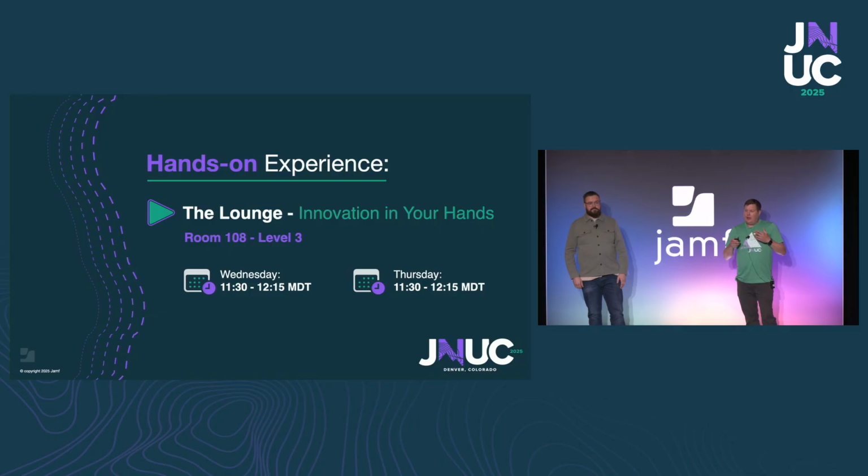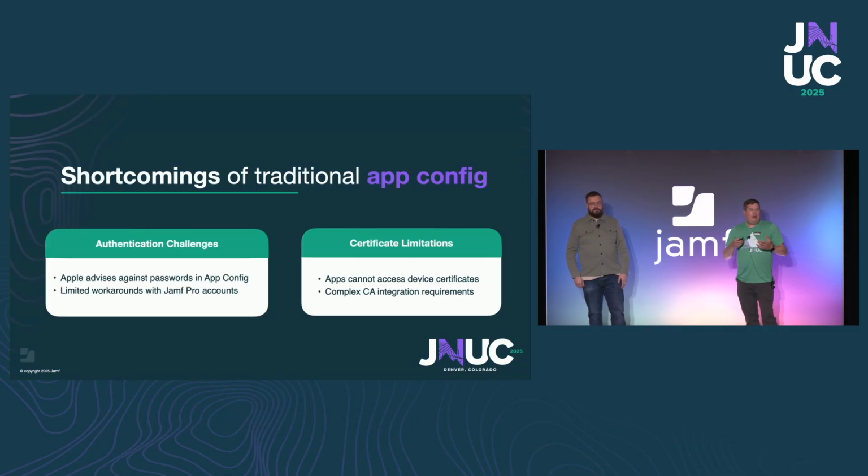But a lot of the things that they highlight with those apps is in parallel to other challenges you might have with AppConfig as well, because whether it's Jamf developing it or your in-house app development team, et cetera, there are always going to be some key challenges to the traditional AppConfig. Specifically, authentication challenges.